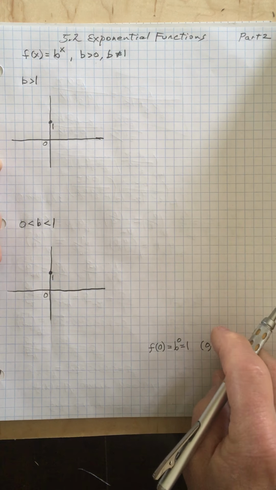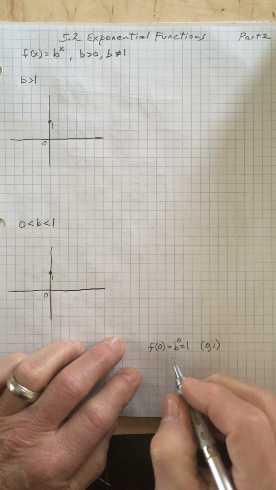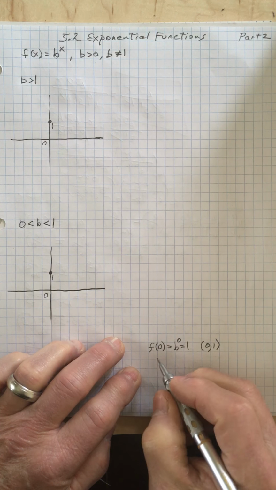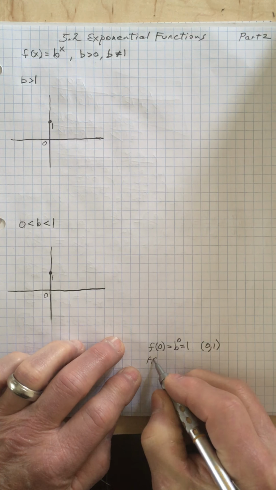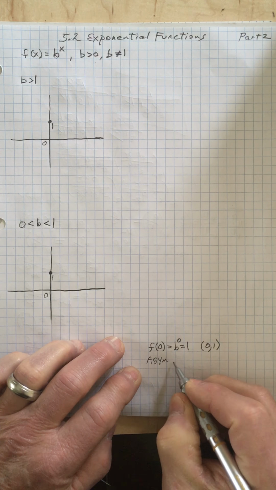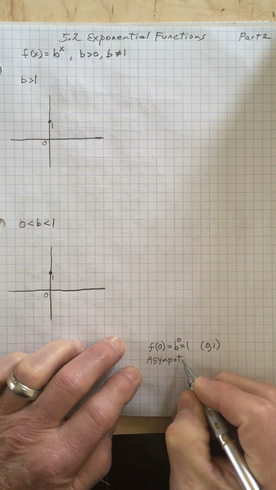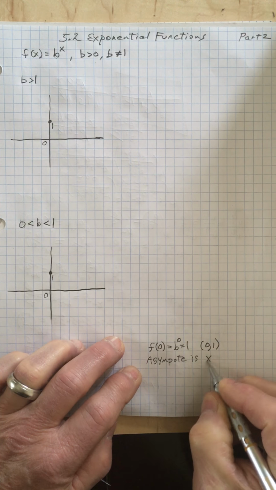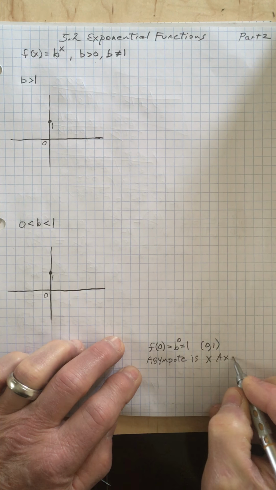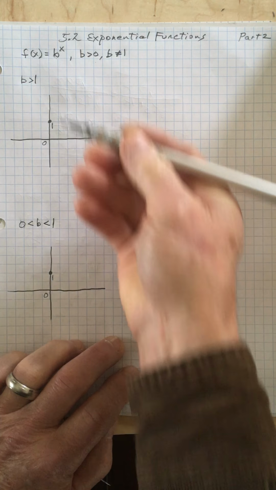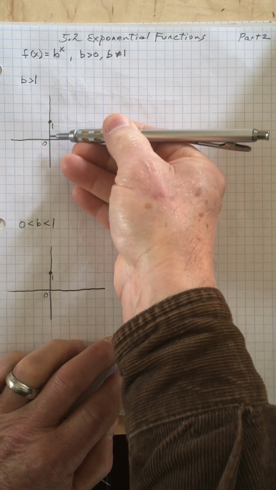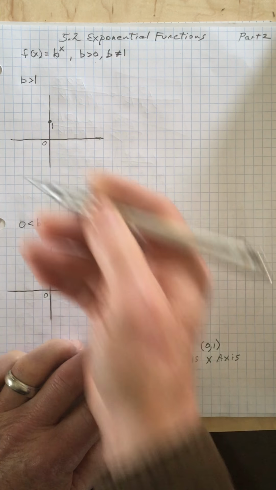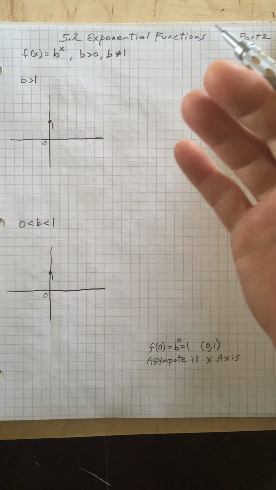So, second point: for any exponential function, we have an asymptote at the x-axis. In other words, y can never be 0. The function can never be 0, which means we can never be on the x-axis. We've got to be above it.